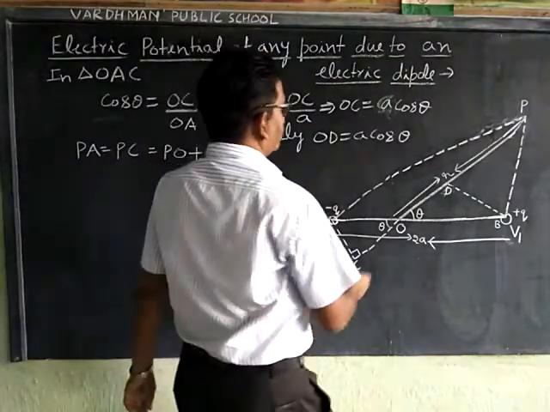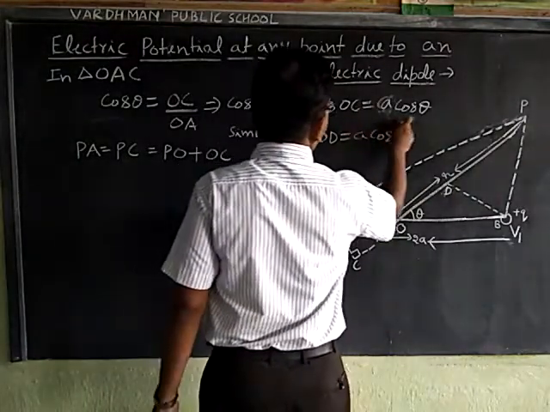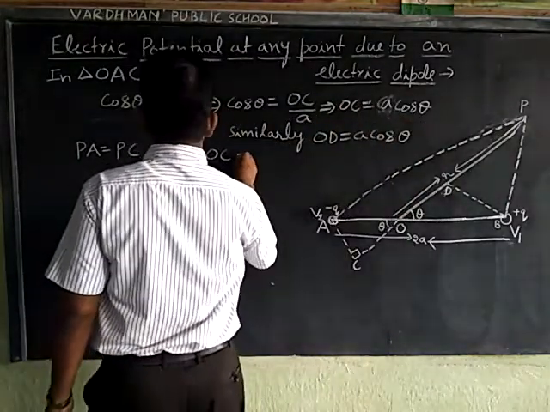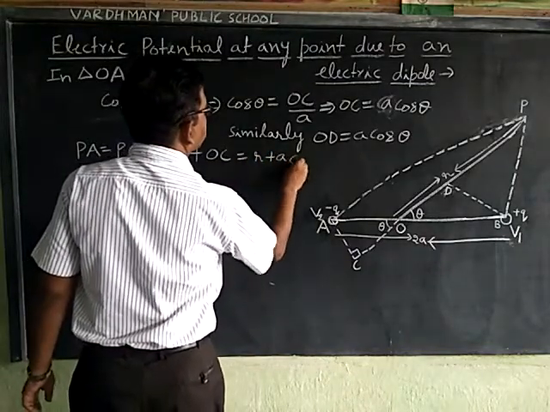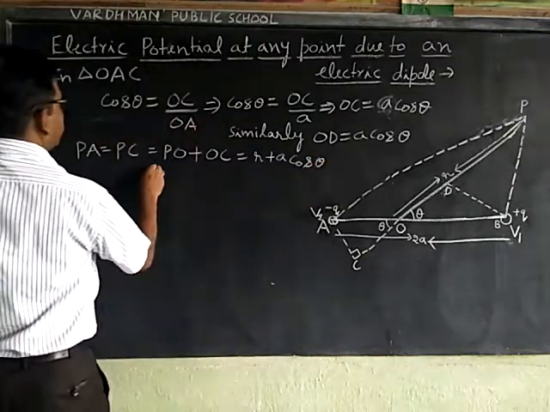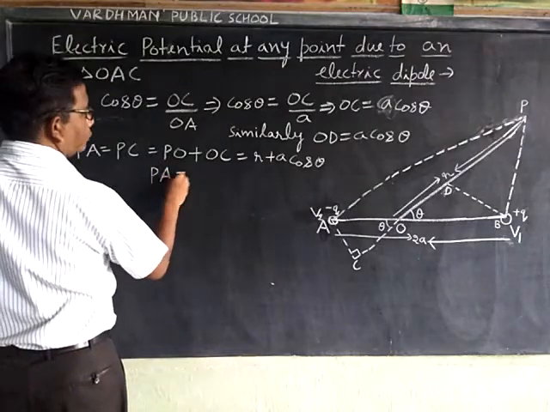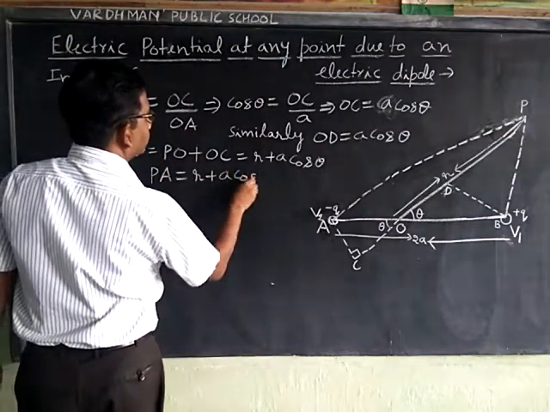Now, PO is r and OC is equal to a cos theta, that is r plus a cos theta. Thus, PA is equal to r plus a cos theta.